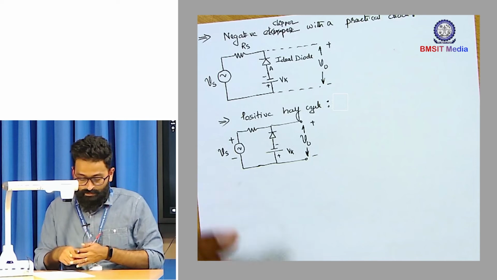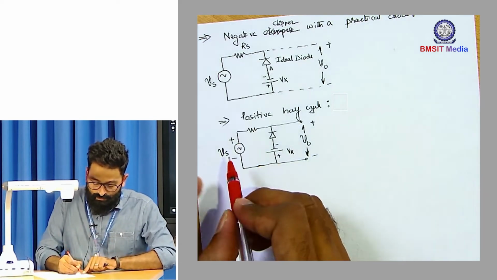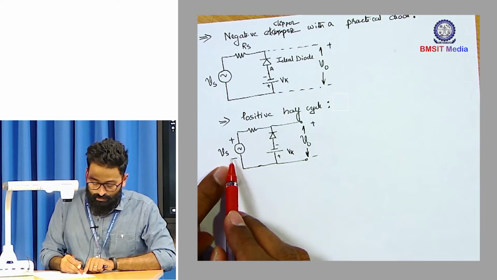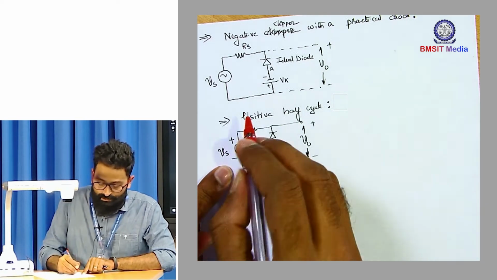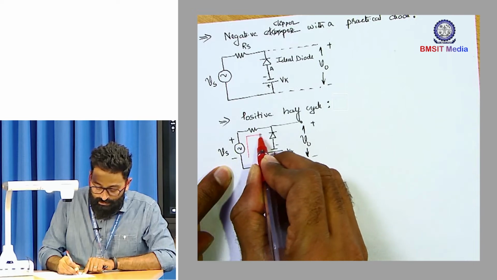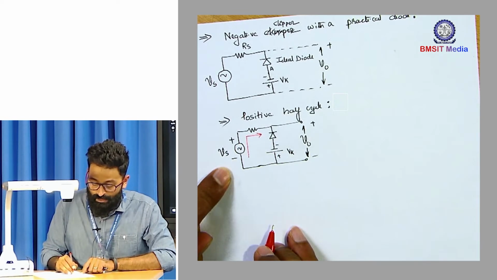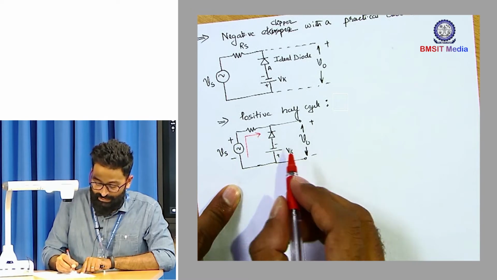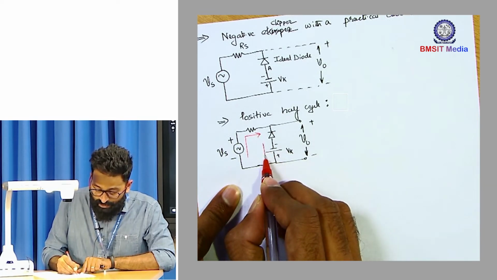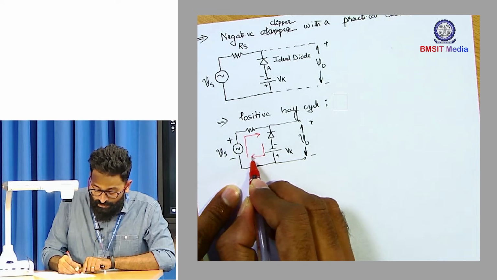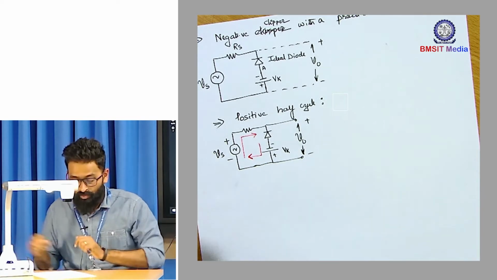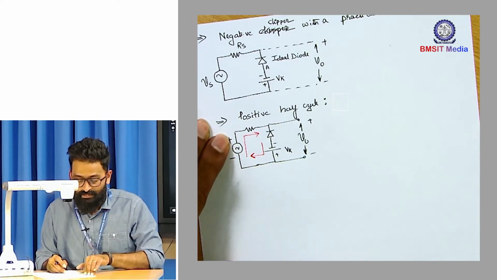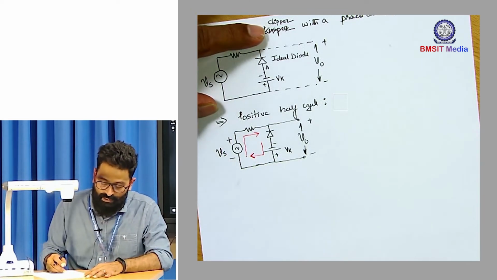Okay, and you observe carefully here. So with a given polarity, Vs is trying to circulate the current in the clockwise direction. And with respect to the polarity of Vk, we see that Vk is also trying to circulate the current in the clockwise direction. So both Vs and Vk are helping each other in reverse biasing the diode, right?